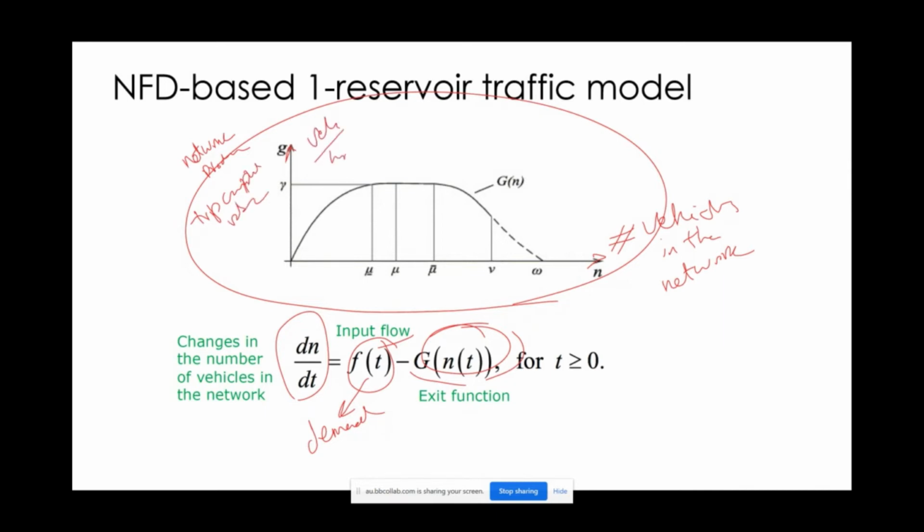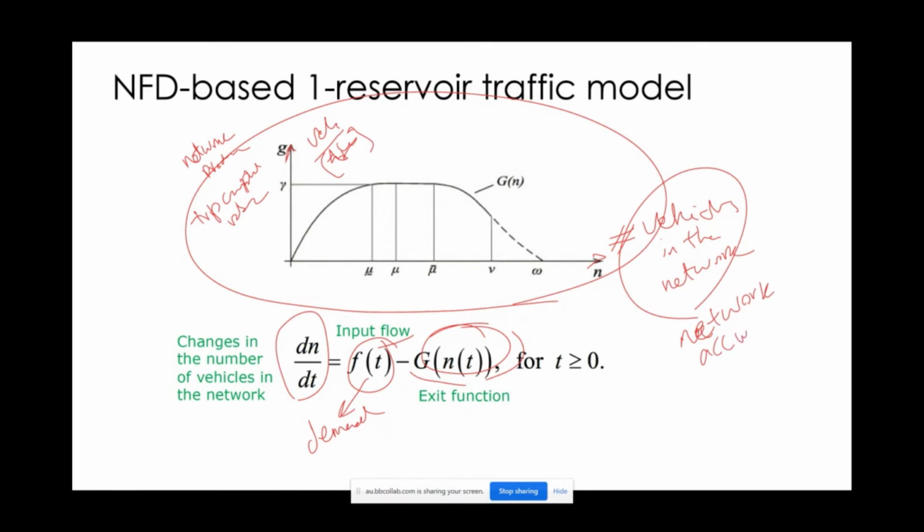How many vehicles can finish their trips in a unit of time? It doesn't have to be an hour; it could be any time, for example every 5 minutes. How many vehicles finish their trips or reach their destination every 5 minutes? And on the x-axis, I have the vehicles in the network. We also call this the network accumulation.